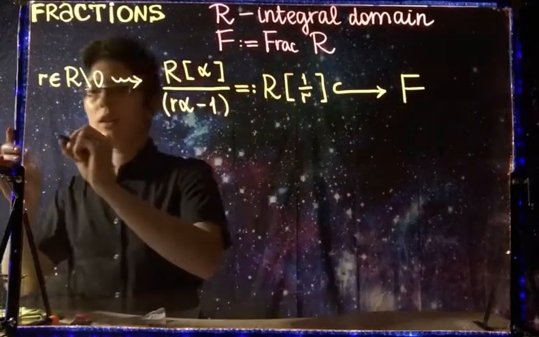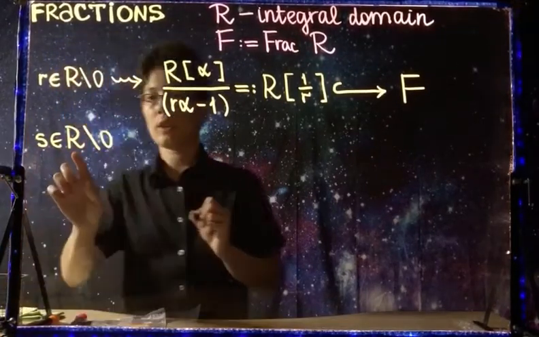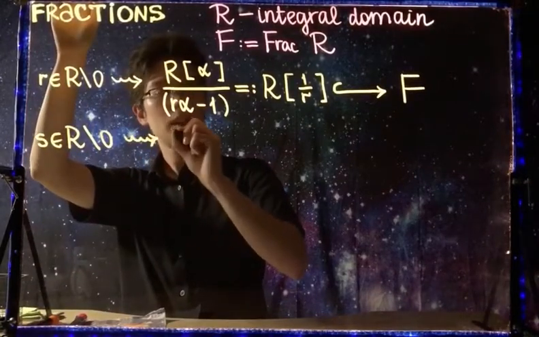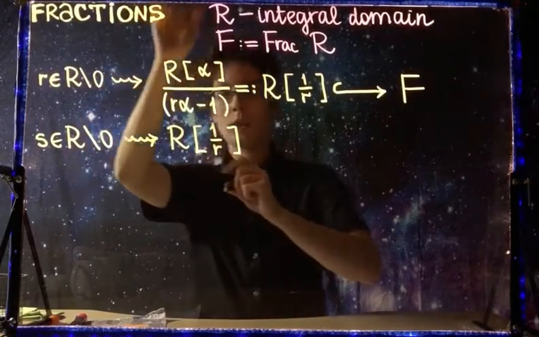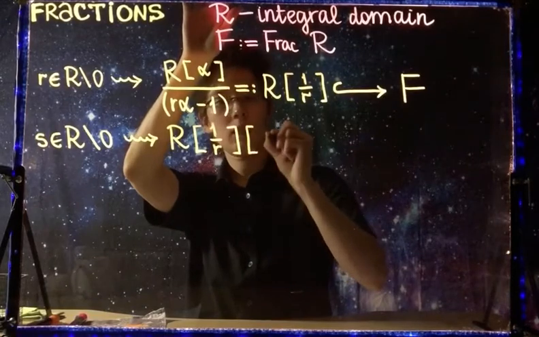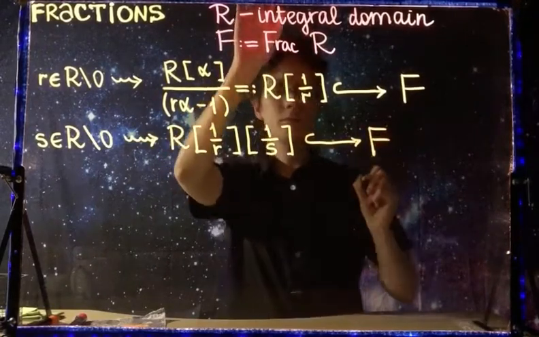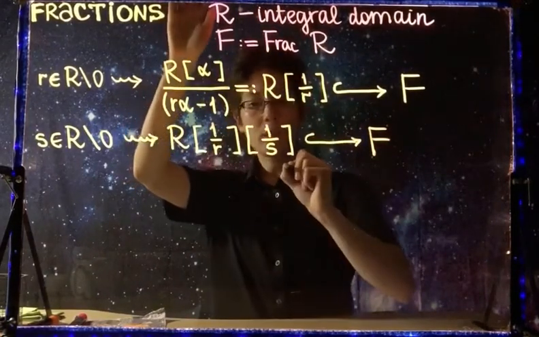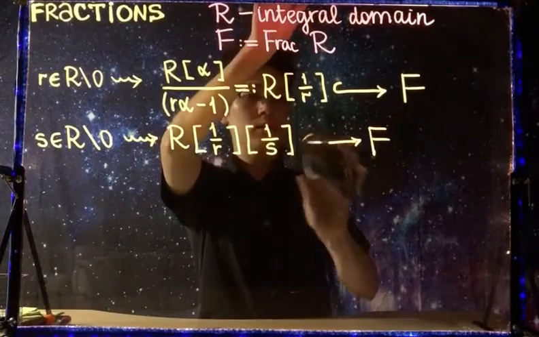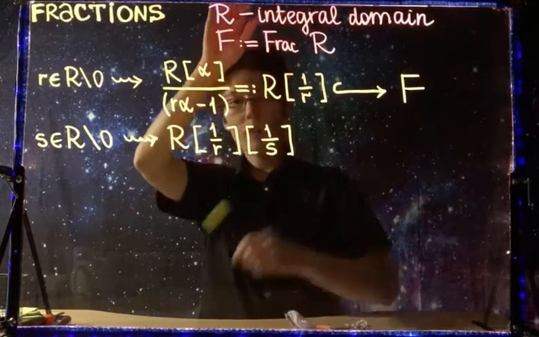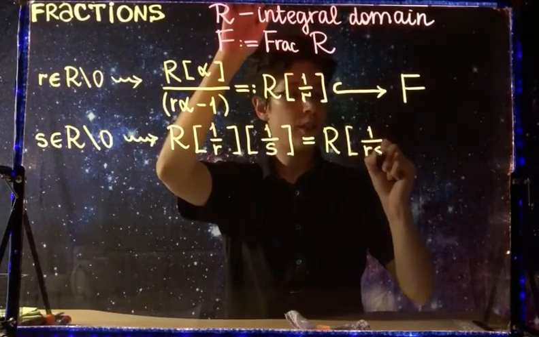Then I want to invert some other element in R, and so I consider this R adjoin inverse of R, and I adjoin 1 over S. And I can notice that, in fact, inverting R and S is the same as inverting 1 over RS.